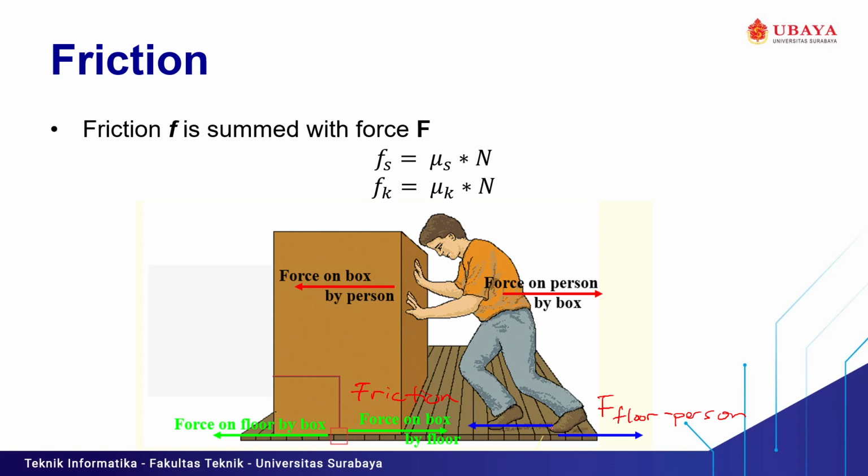And then the floor will give a reaction in this blue. Where can I write it so you can see it? This one is the force on the person by the floor, and this is also a friction.